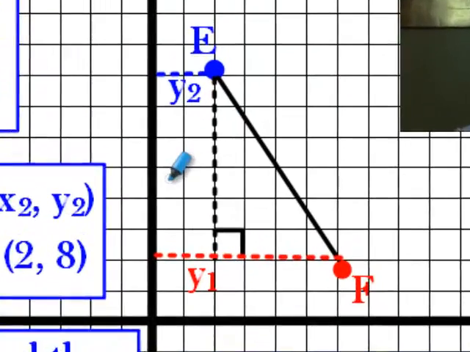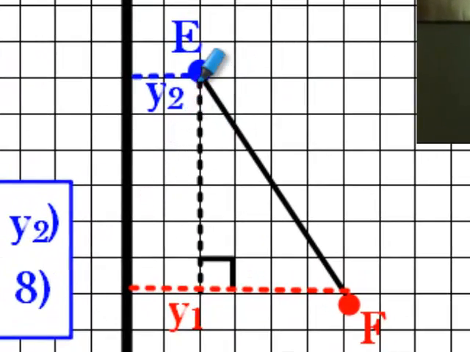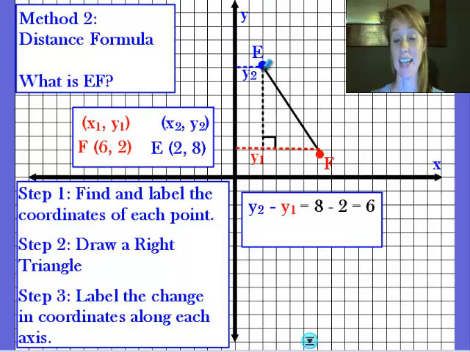We'll start with the y-axis. Let's start at point E actually. If I start at point E, I have to move along the y-axis down to the same y-coordinate as point F. And point E has y-coordinate 8. Point F has y-coordinate 2.